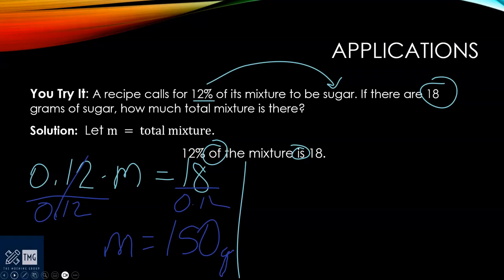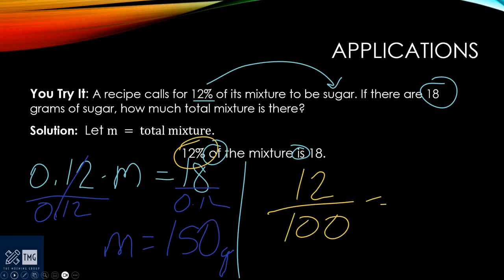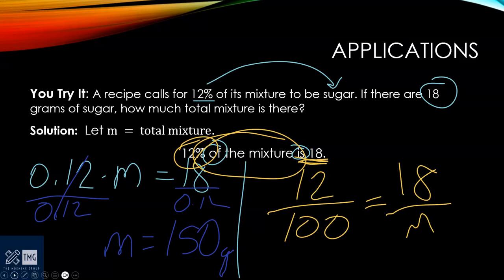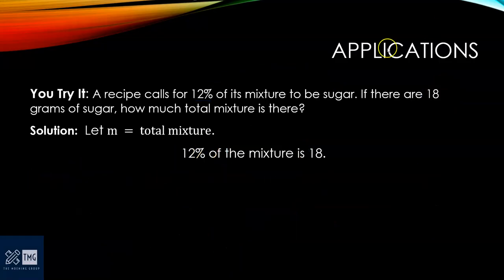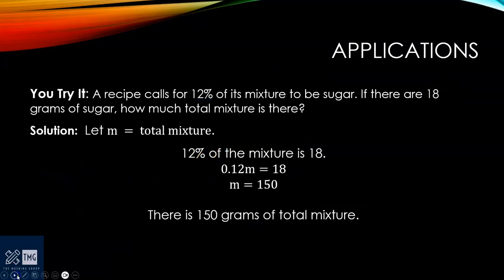If you wanted to write that as a proportion, start with the percent over 100, and then is 18 of the mixture. Either method gives you a total mixture of 150 grams. So when you're using applications, you have options, proportion or equation, whatever you feel is best.